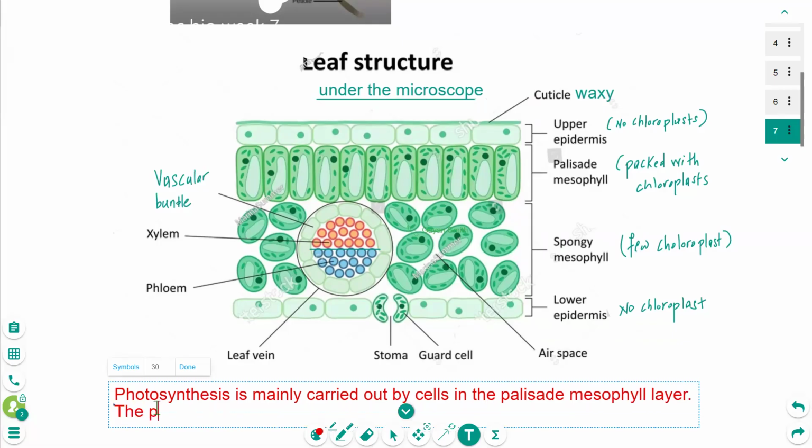And as we said, the process requires sunlight, carbon dioxide, and water. These are supplied to these cells.